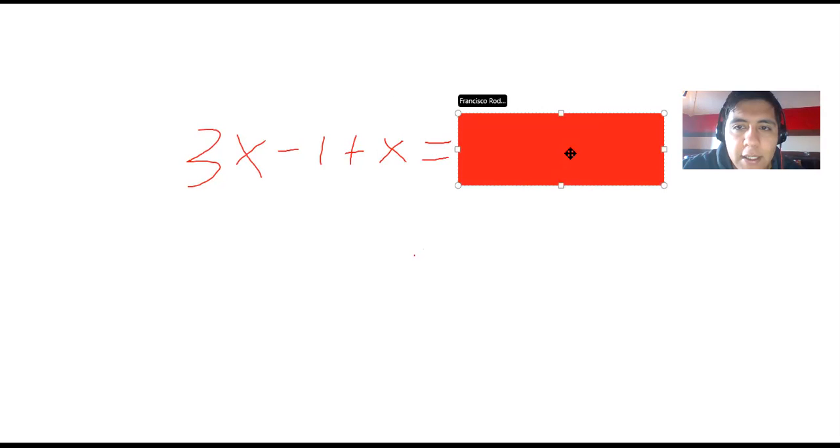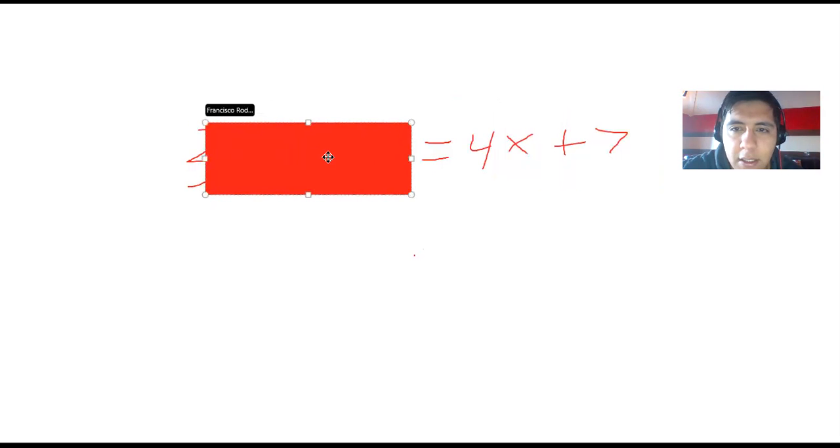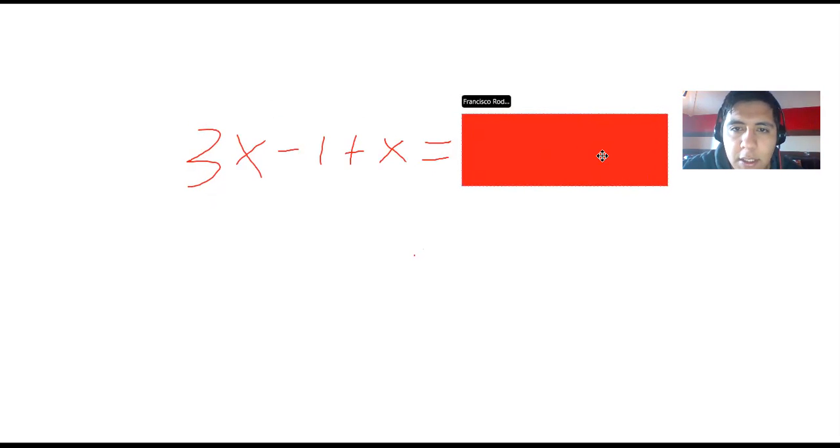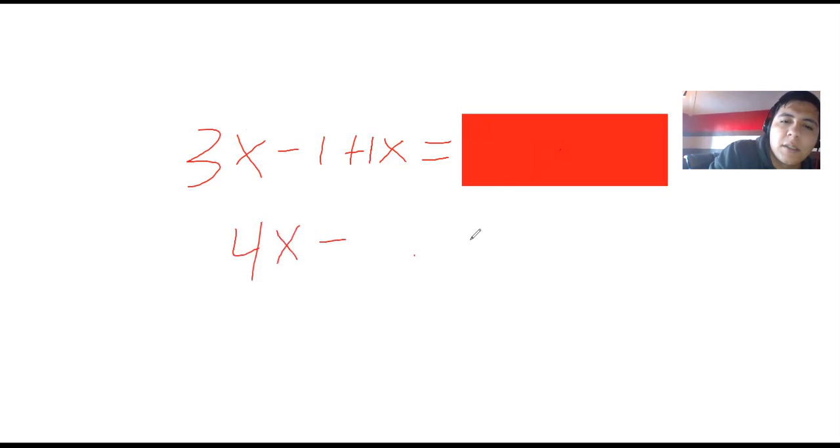If you look at the left side, it's not simplified, but the right side is okay. So just focus on this left side right here. What we need to do is simplify by combining anything that's a like term. So we have 3x and then we have 1x, and in total that comes to 4x minus 1.